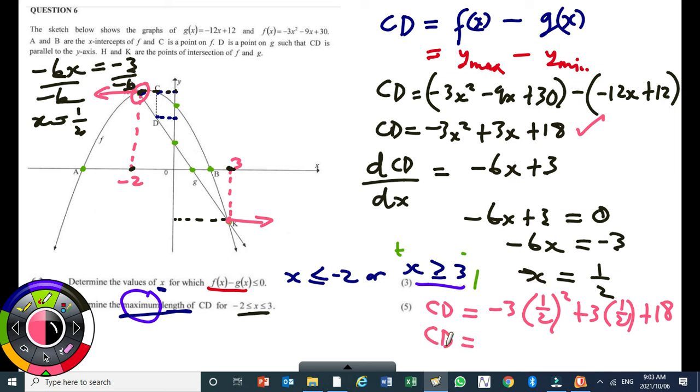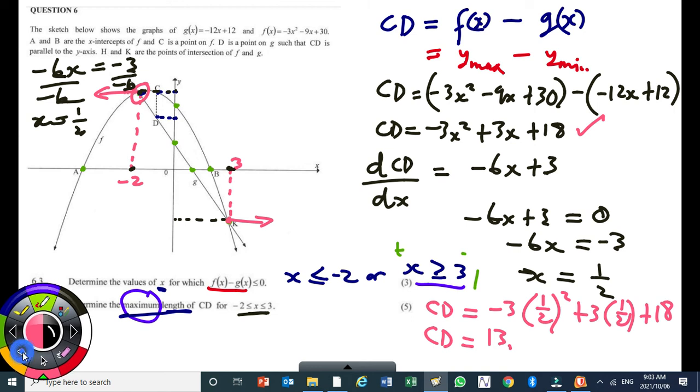Remember, your length must be positive. You get 18.75. Can you give me that as a decimal? 18.75 units.